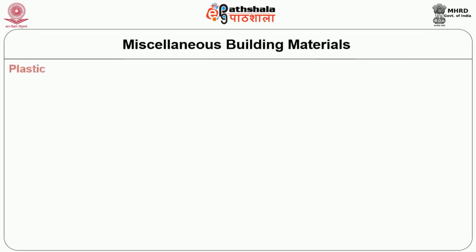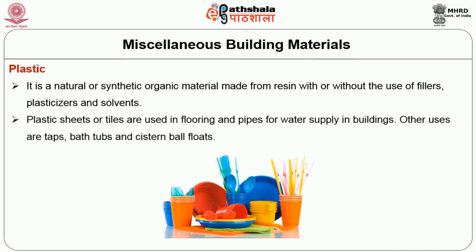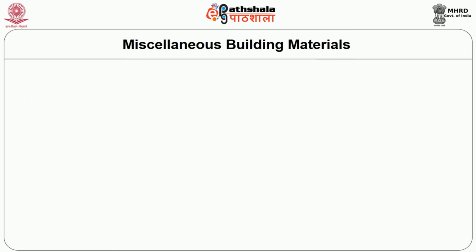Miscellaneous building materials. Plastic is a natural or synthetic organic material made from resin with or without the use of fillers, plasticizers and solvents. Plastic sheets or tiles are used in flooring and pipes for water supply in buildings. Other uses are taps, bathtubs and cistern ball floats.